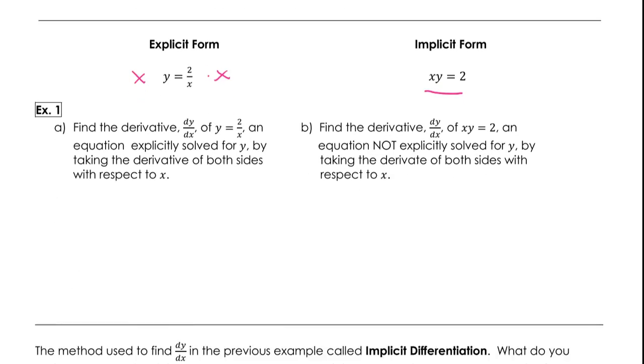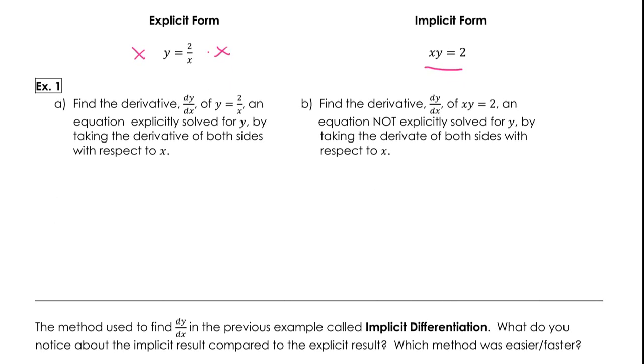We're going to use the explicit form first because this is what we're used to. So what we're going to do is apply the operator d over dx. If I have y, I'm going to rewrite it as 2x to the negative 1 because that's calculus friendly. And then we apply the d over dx to both sides.